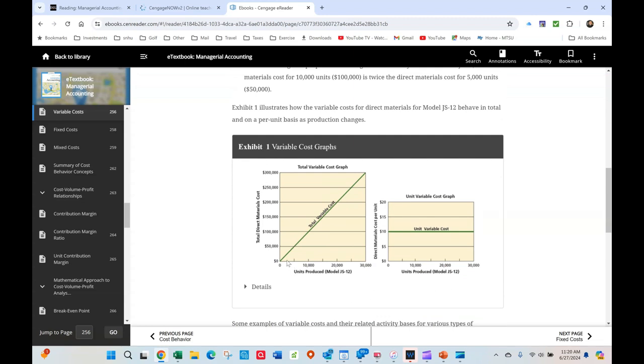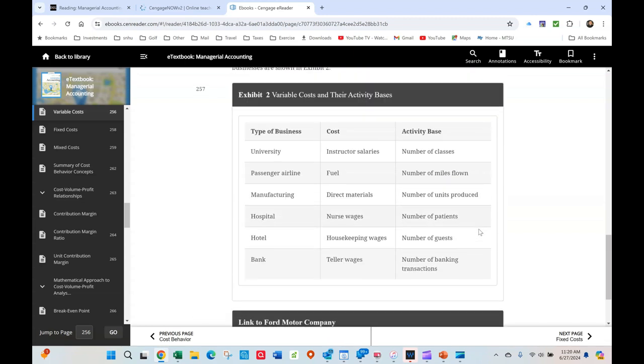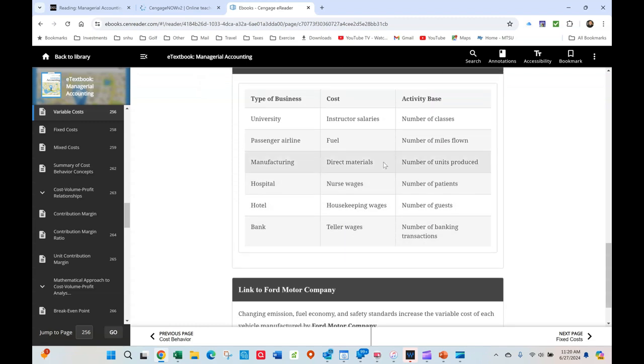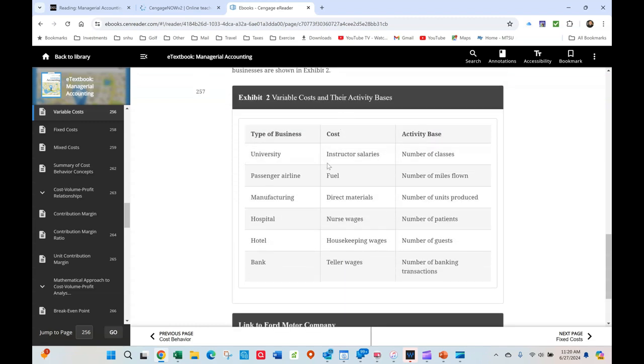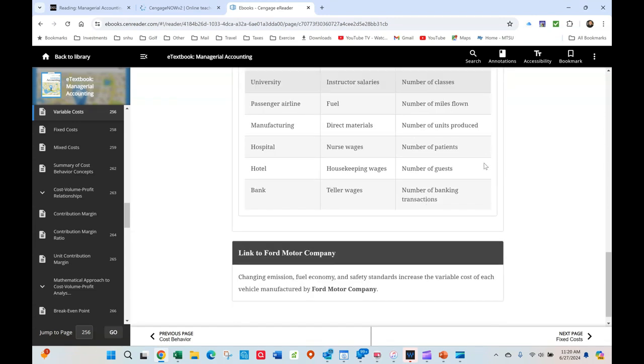So you're assuming that over that relevant range, your cost per unit is going to stay the same. So as you produce more units, you're going to have higher variable costs, but the per unit cost is going to stay the same. And here the variable cost and their activity base is university, instructor salaries, number of classes, etc.